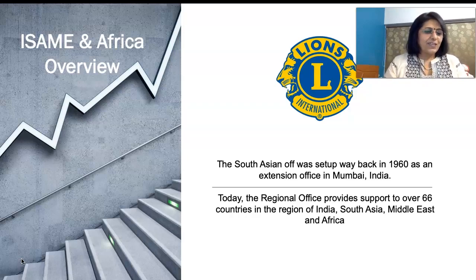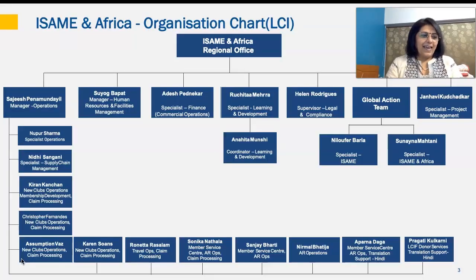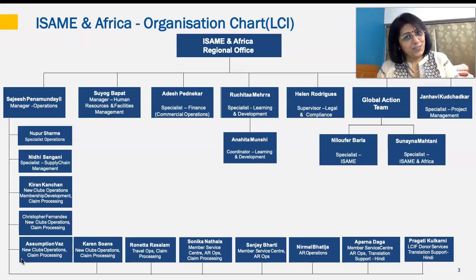Here is an organizational chart of the office, and each of the departments works with its counterpart in Oakbrook and in accordance to the policies set by them. As you can see, we have HR, finance, learning and development, global action team, and all such departments. I will be doing the pleasant task of introducing you.